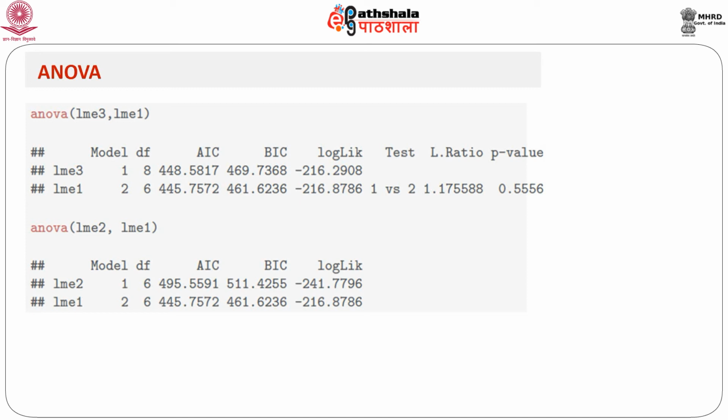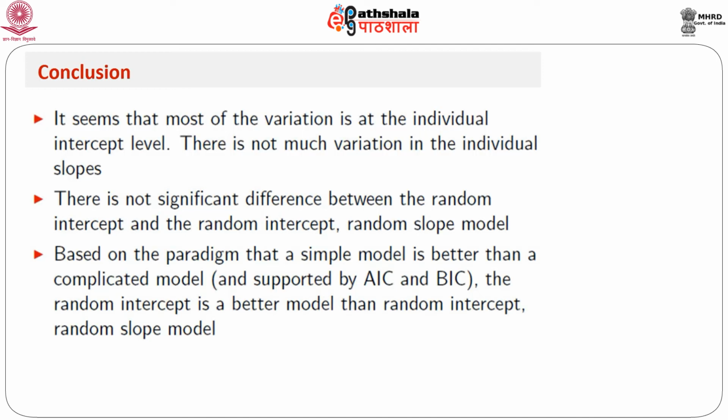Also, if we compare the AICs, we find that lme1 is far better in terms of AIC because it has a smaller AIC. So the takeaway message is that the random intercept random slope and the random intercept models are not significantly different, and the random intercept model is better than the random slope model. So we can conclude that most of the variation is at the intercept level.